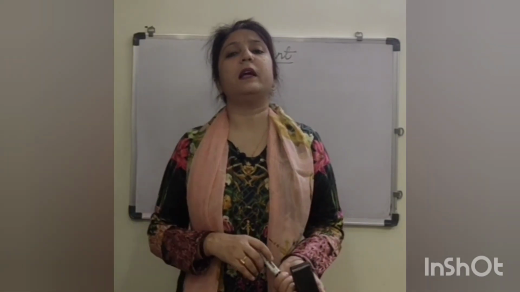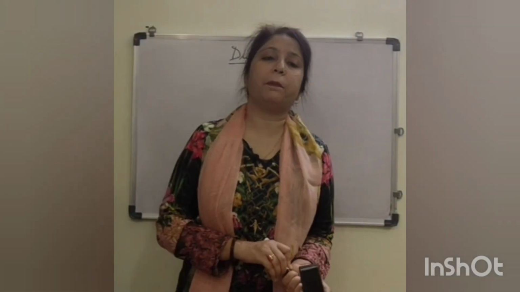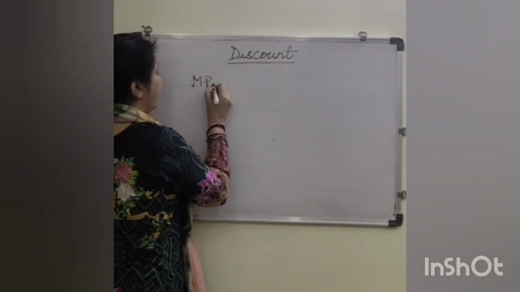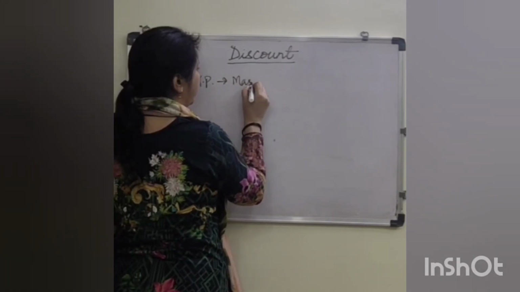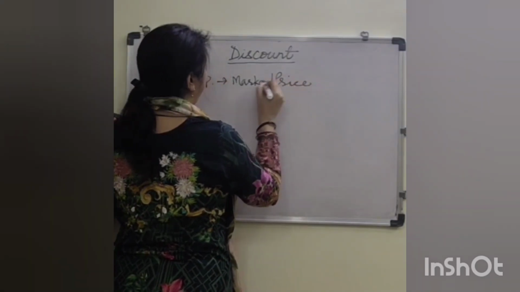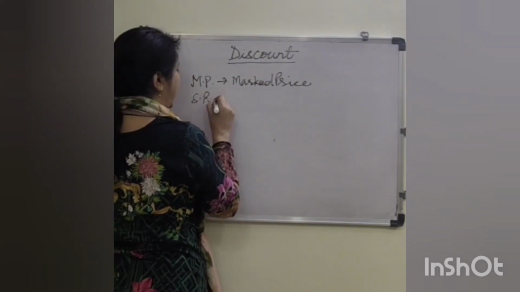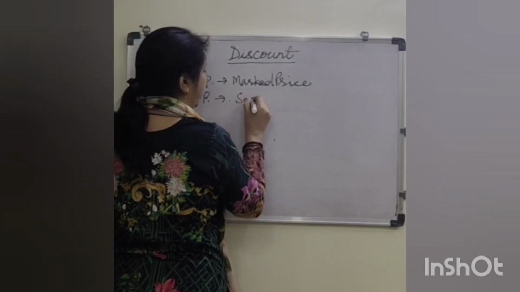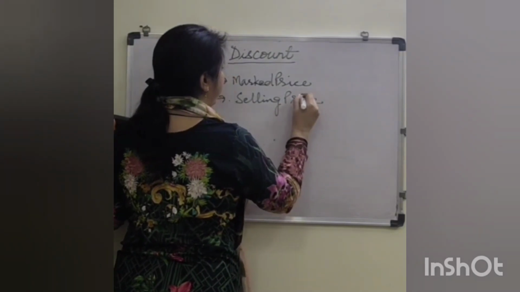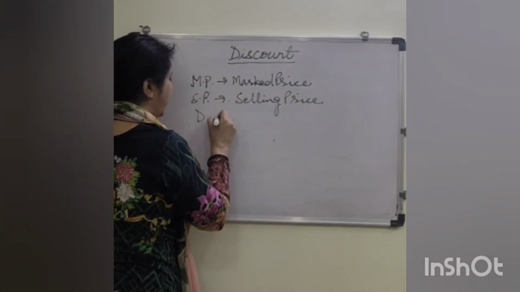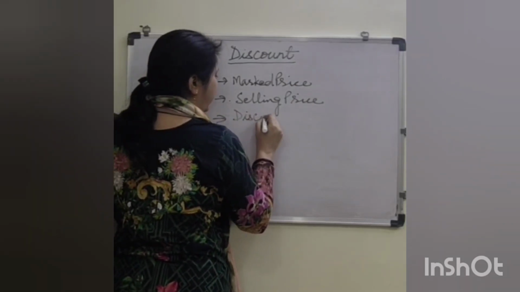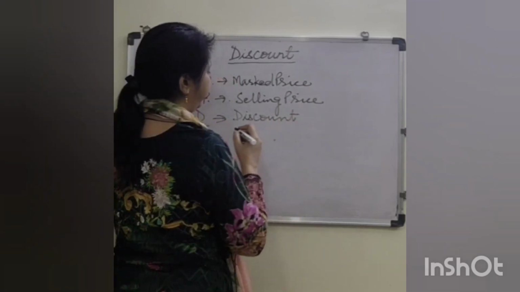So the terms that we are going to use in this topic are MP, which stands for marked price, SP, you are familiar children, this stands for selling price, and finally comes the most awaited one, D stands for discount.